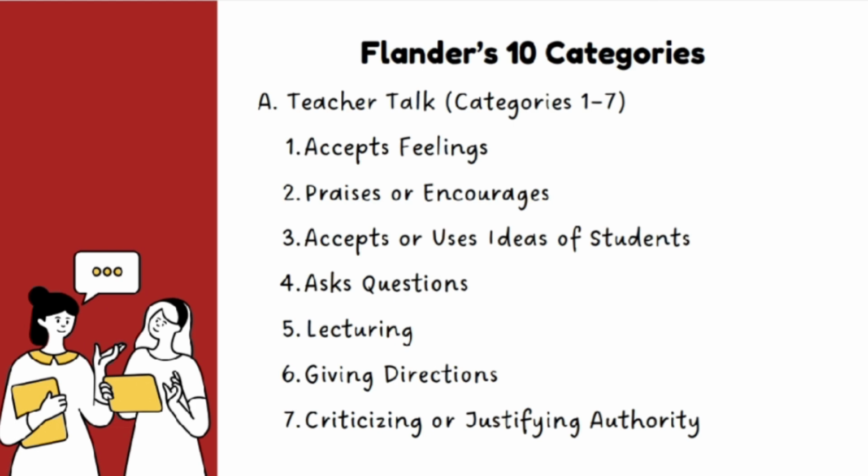This is where the teacher tells students what to do, for example, the teacher instructs the students to work in pairs or to open their books. And lastly, criticizing or justifying authority. This is where the teacher corrects student behavior or explains rules. For example, when the teacher says "stop talking," or "you must follow instructions."